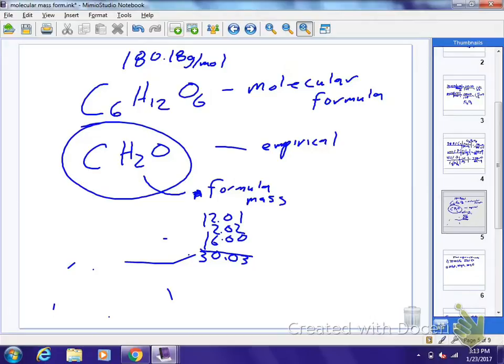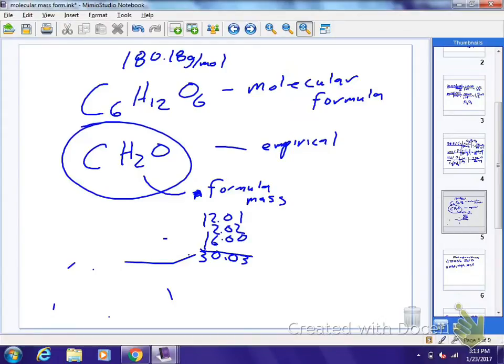The empirical mass should fit in the molecular mass a whole number of times because it's the same ratio. It'd still be 1 to 2 to 1, but they're bigger numbers. How many times does 30 go into 180? 6 times. Okay? So that means this mass is 6 times bigger than this mass.